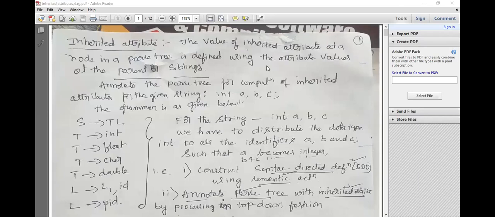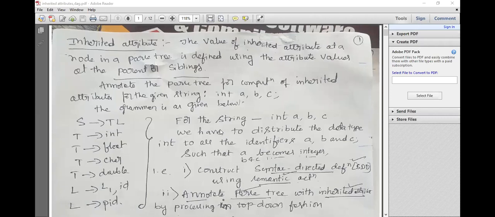So last class we already discussed synthesized attributes and inherited attributes. Just one line: for synthesized attributes, we need to have a dot val extension at every node of the parse tree structure. In inherited attributes, we definitely need to consider the syntax directed definition, the semantic rules, in a top down fashion.